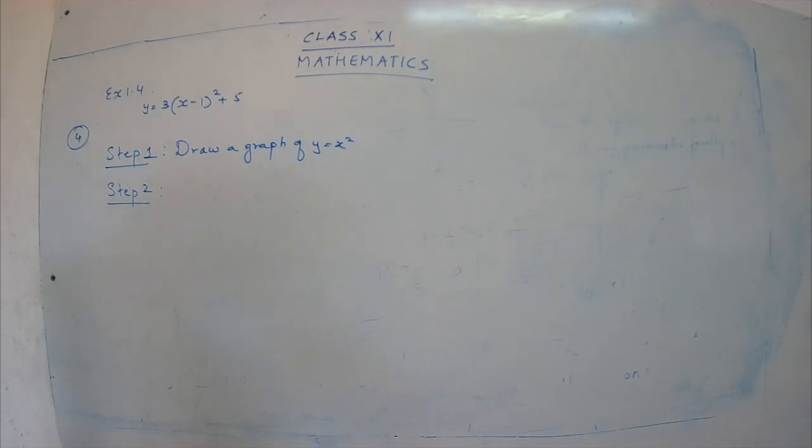So take page 40. You have translation over there, yes children? Under translation see the second point. If you have y is equal to f(x minus c), then how is the shift? The shift is to the right.